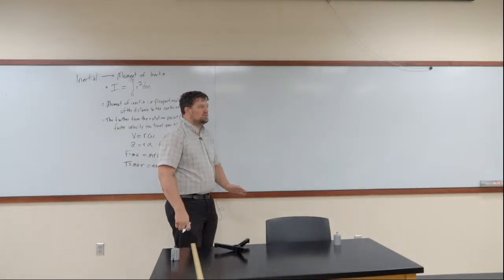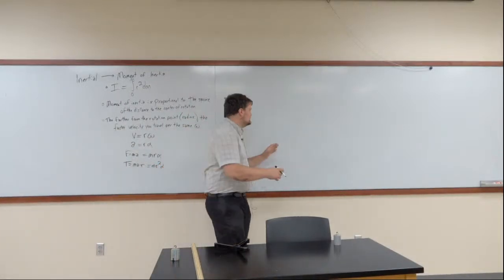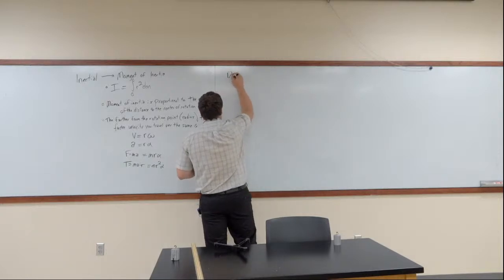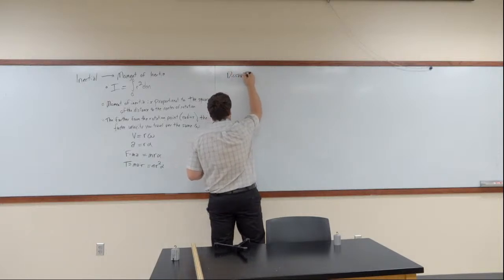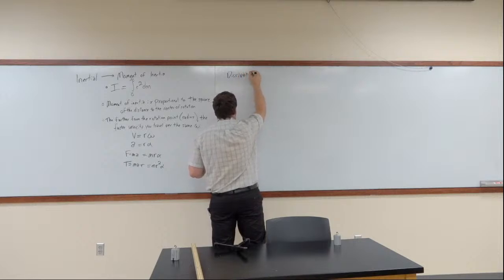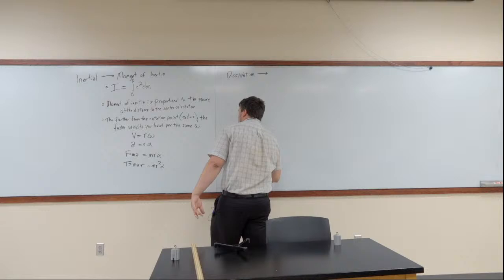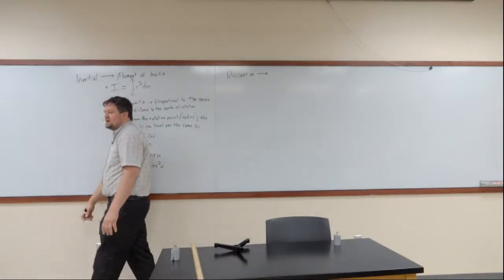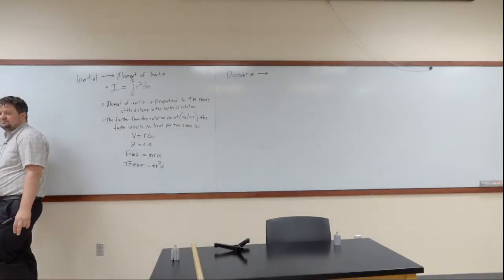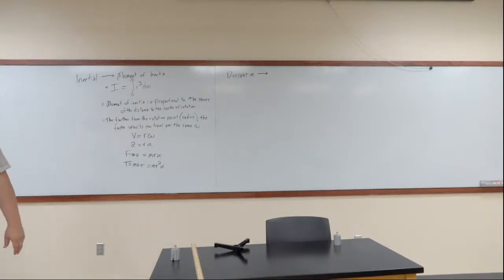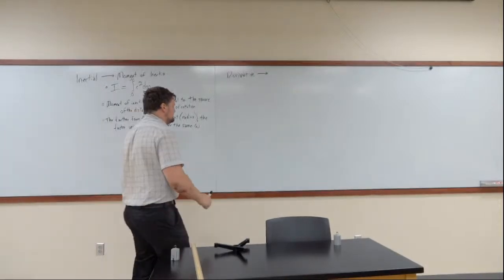Okay, we're going to get into a little bit more of that when we talk system equations. Now we have the dissipative component. What was the dissipative component for a linear translation system? It was the damper.